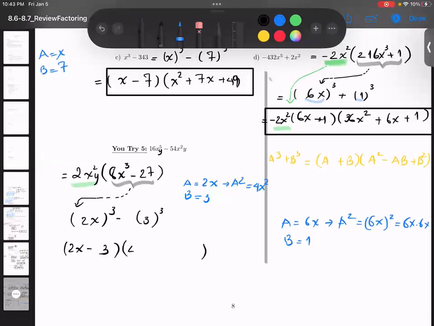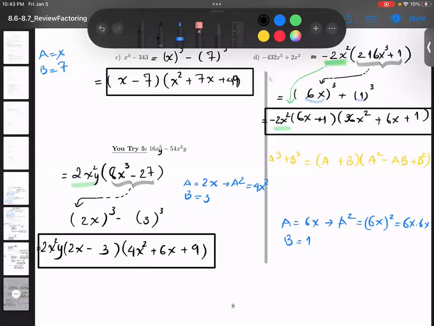So 4x squared plus AB, A times B. So 2x times 3 is 6x. Plus B squared. B squared is 9. And bring down that GCF. That's the very end. We are finished. Thank you for listening.